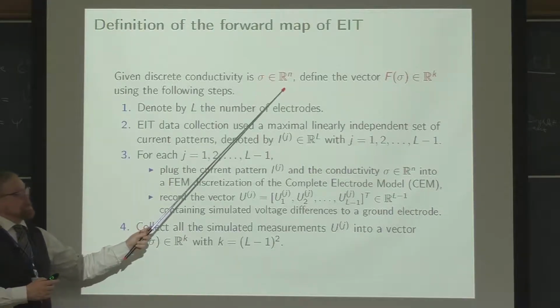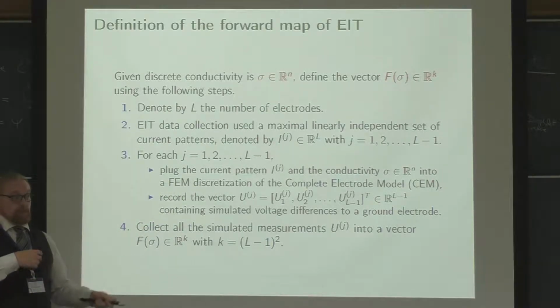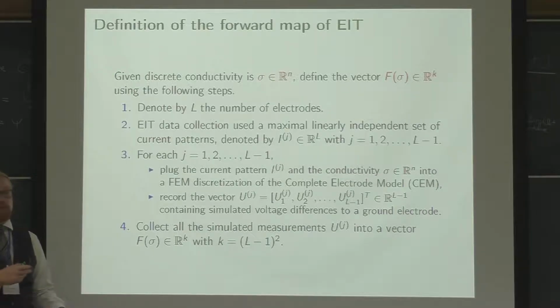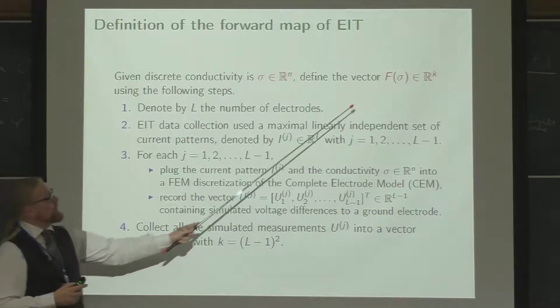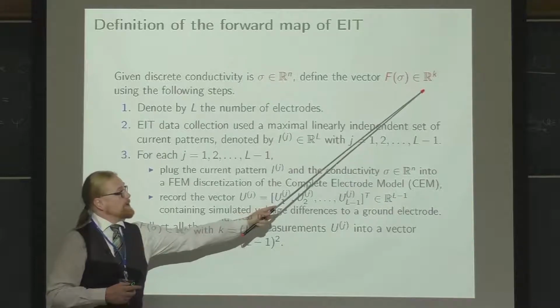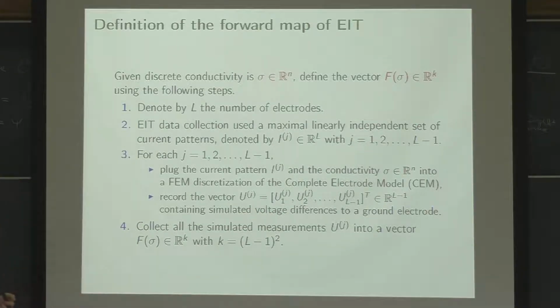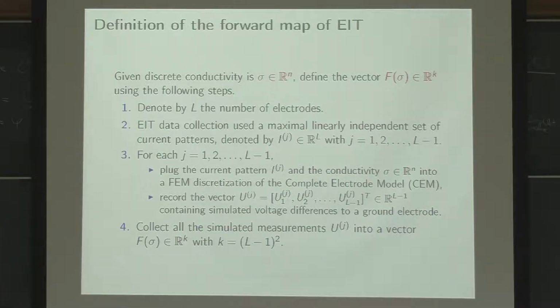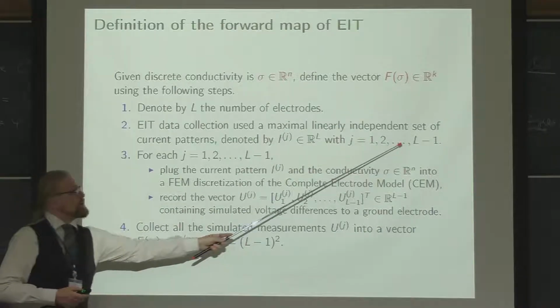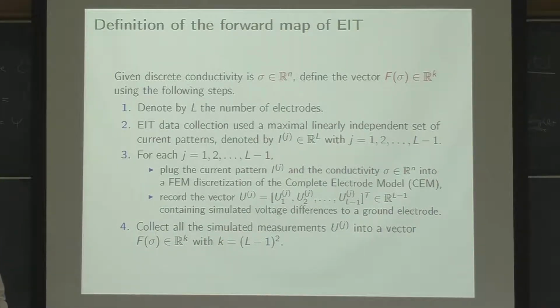So then, when we are given a vector in R^n, we will interpret it as this piecewise constant conductivity, and then we should compute this vector, which should be the measurement data. So let's see what happens. Let's take L, the number of electrodes, and then we can have L minus 1 linearly independent current patterns.